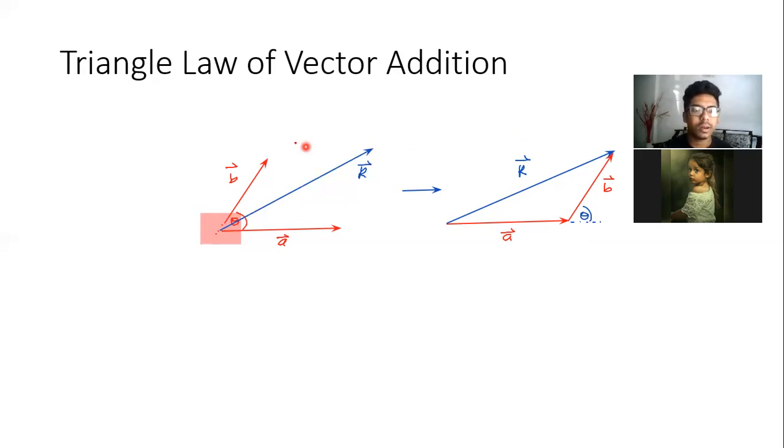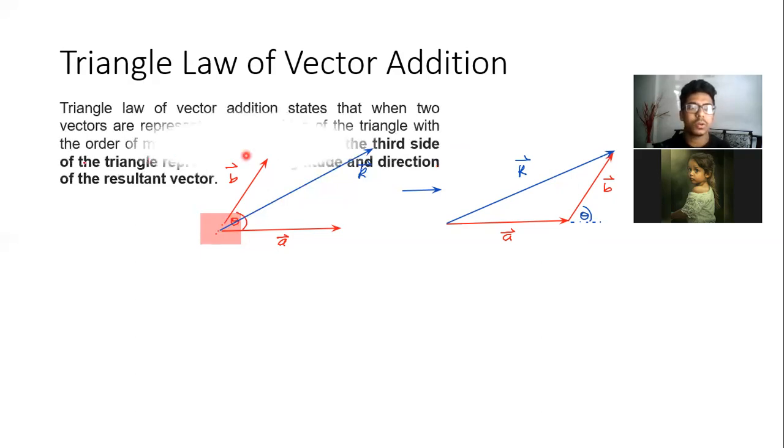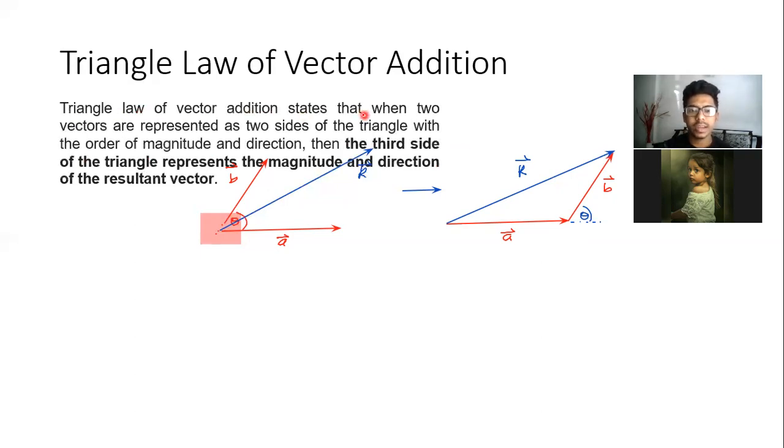So you first write down the triangle law. The triangle law of vector addition states that when two vectors are represented as two sides of a triangle in order of magnitude and direction, and with the order, it means it has to follow this order. It's from here to here, not something like this, which would be wrong.